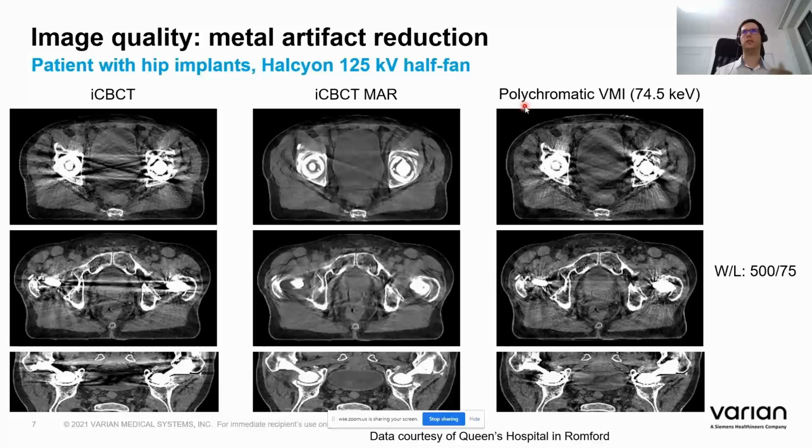And again, we converted the reconstructed relative electron density volume into a virtual monoenergetic image to compare it with the other results. As you can see in the right column, the visibility of the bladder is also increased in the polychromatic reconstruction as compared to the ICBCT reconstruction.